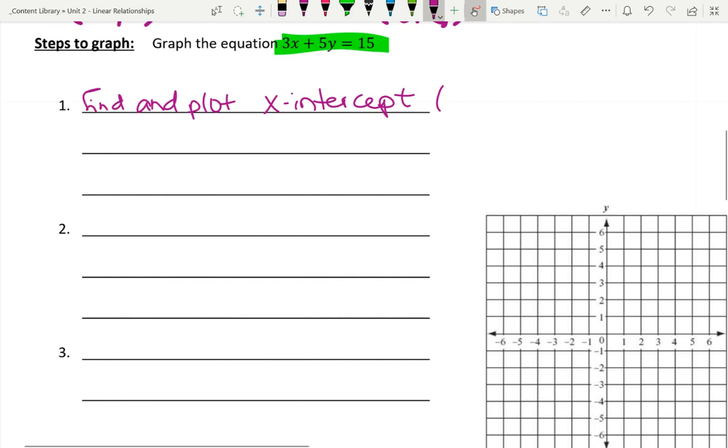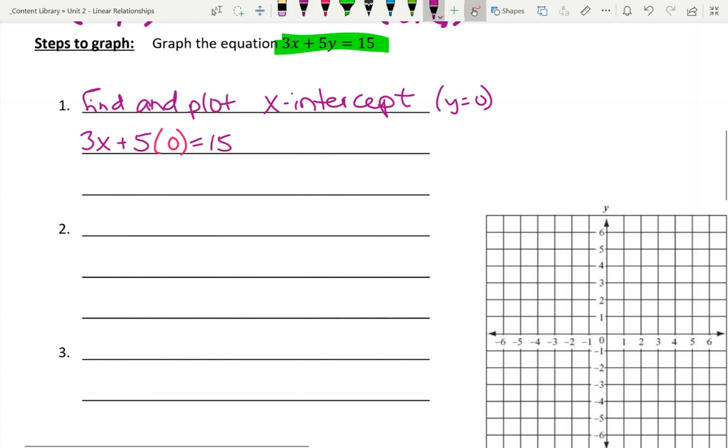So remember the x-intercept is where y is equal to 0. So I'm going to take that equation I'm trying to graph, 3x plus 5y is equal to 15. I'm going to rewrite that, except for this time instead of y, I'm going to replace it with 0.